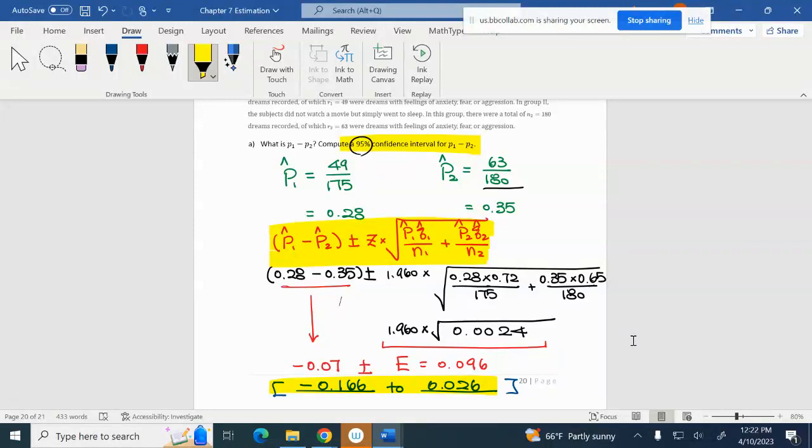So that is the 95% confidence interval. The other way I can interpret, I am 95% confident as usual. The proportion difference is between negative and positive, almost zero, right? It's almost the same.